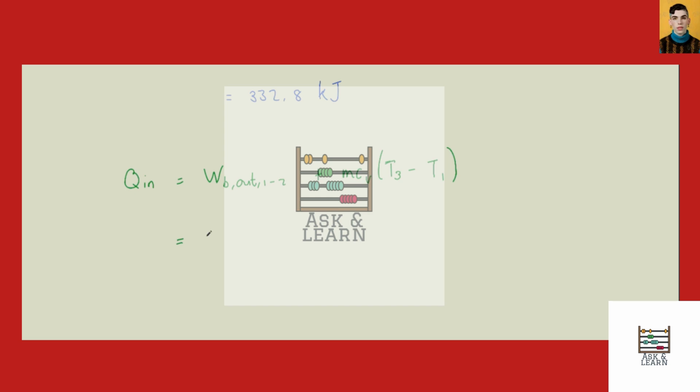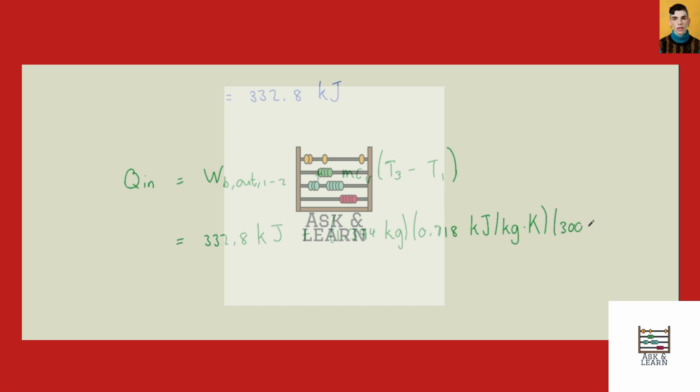So this is equal to 332.8 kilojoules for process 1-2 plus a mass of air of 1.394 kg times the specific heat of air 0.718 kilojoule per kg Kelvin times the change in temperature.